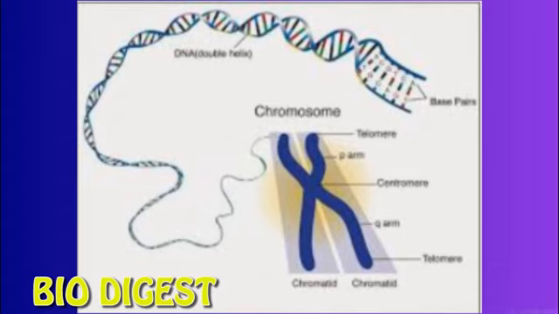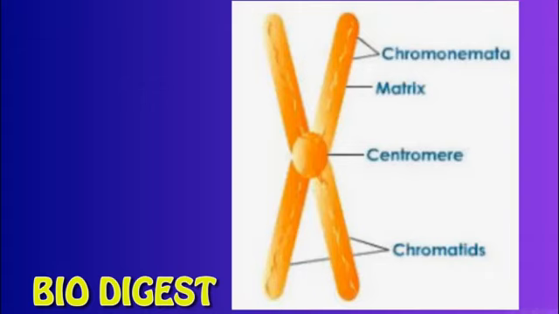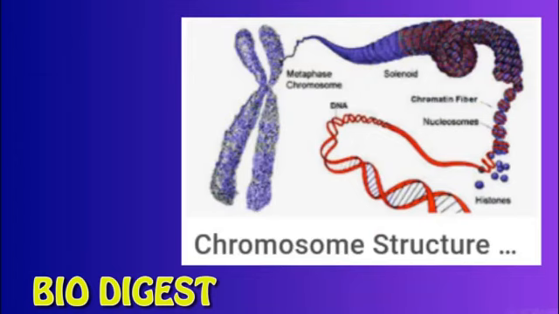Discovery of chromosomes. Chromosomes in animals were first studied in 1882 by a German scientist, Walther Flemming. Structure of chromosome. Each chromosome consists of two chromatids, better called sister chromatids, which are held together by a centromere. Chromatin.